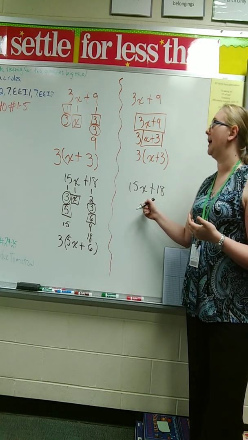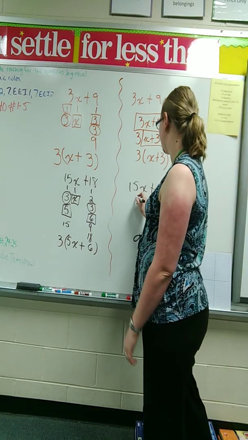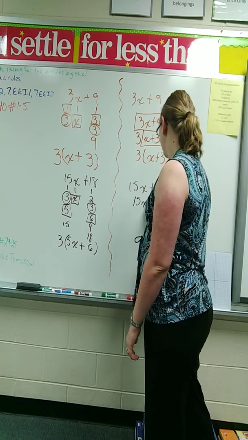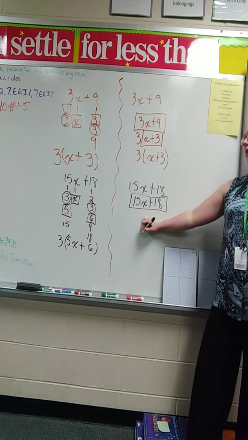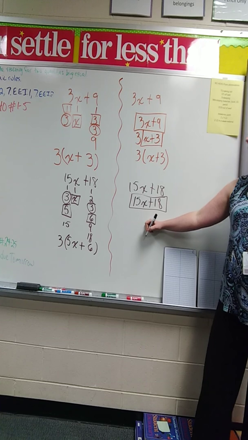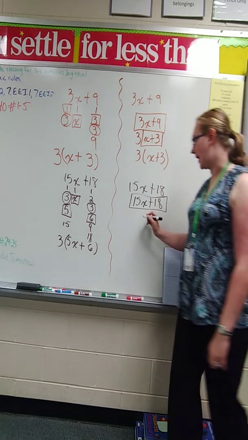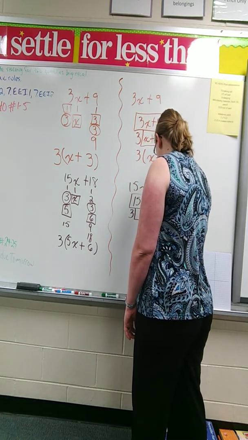So if I do my upside down cake over here, I start with 15x plus 18. Okay. What can I factor out of 15x plus 18? 3. I can factor out a 3. Okay.